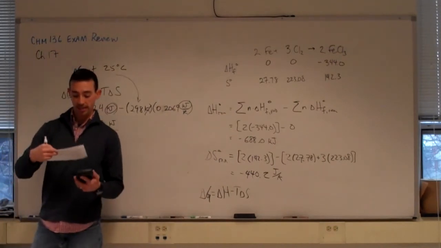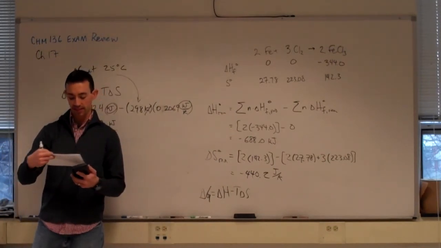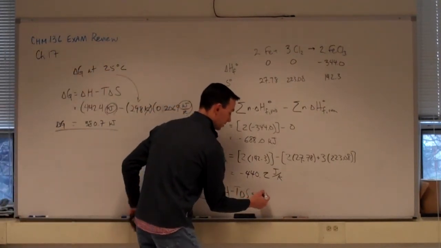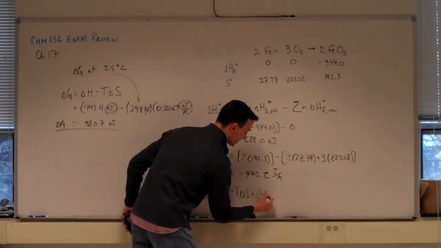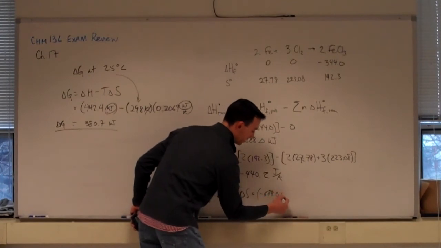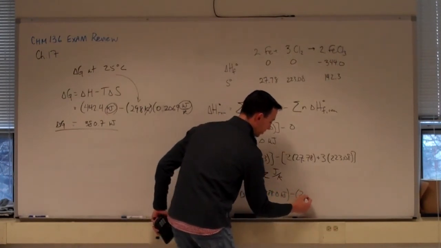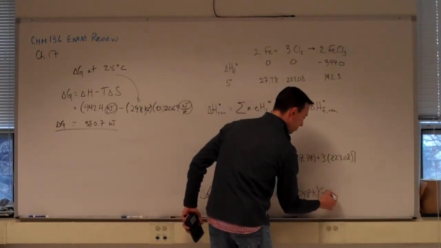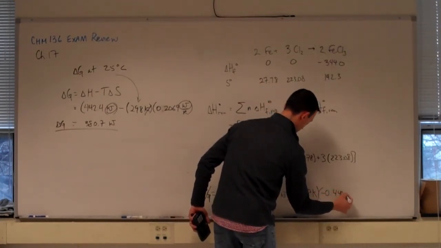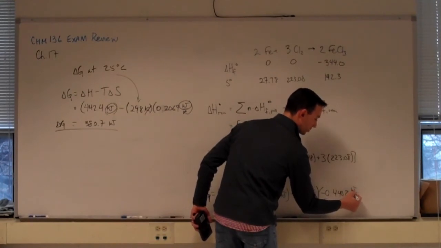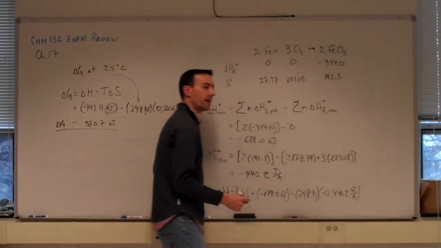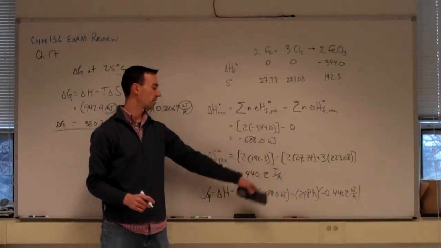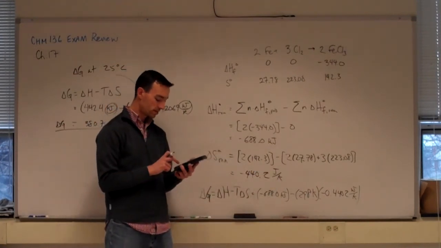So, delta G is found now by delta H minus T delta S. Checking our temperature, it is 25 degrees Celsius again. So, our delta H, negative 688 kilojoules minus 298 Kelvin times negative 0.4402 kilojoules per Kelvin. Again, usually it's my entropy that's significantly smaller on the joule scale, so usually it's the one that needs converted.